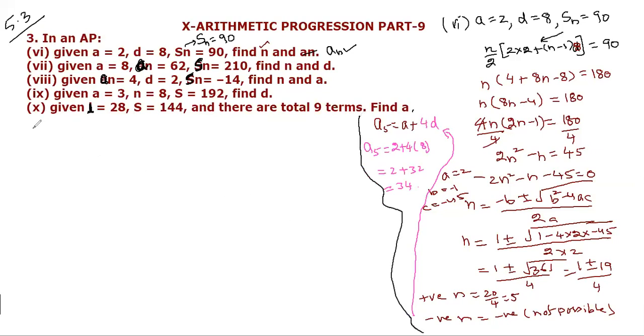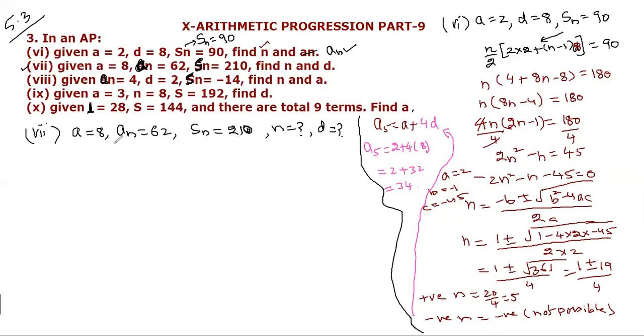Now question number 7. Here it is given that a is equal to 8. Always write the given values and then apply the formulas. Sn is equal to 210. This question I am doing, and an is 62, and find the value of n and d. You have to find the value of n and d. So here an and Sn both are given.